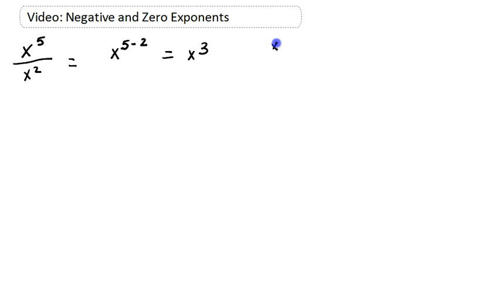The reason is that these cancel out, and I'm left with, on the top of my fraction, x to the third.